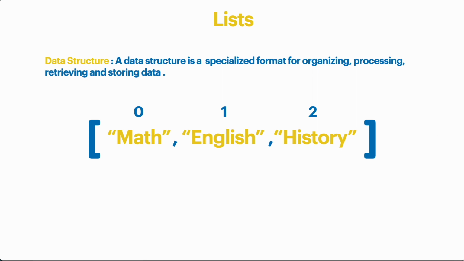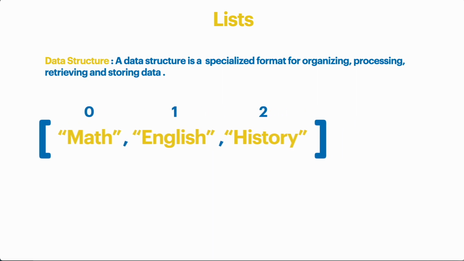Well, to do that, we can use the append function. So you say dot append, and inside that append function, you provide some kind of data that you want to add to the list. And what that does is it makes your list bigger, and it adds the data you give it. So if I were to say science, it adds it to the end of the list.